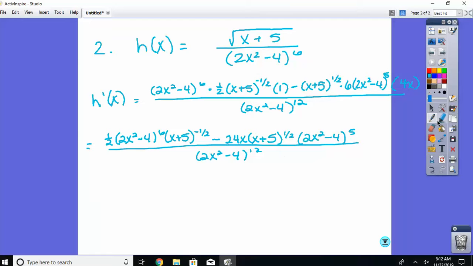To simplify from here, we do have this 2x squared minus 4 in all of them. I also have a 1/2 on the top. I don't really want a fraction within a fraction, so I'm going to take top and bottom times 2 to cancel that, and then I'll drop out one of my others. So the 2 and the 1/2 will drop. I can cancel out 5 of those.